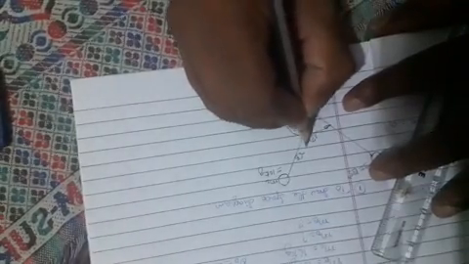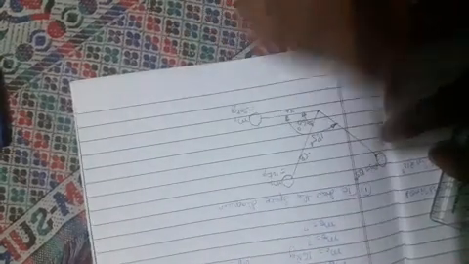This is 135 degrees from the horizontal mass A to mass 3.